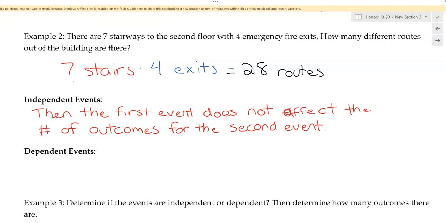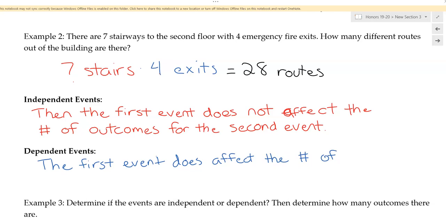If 2 events are dependent events, then the first event does affect the number of outcomes for the second event.